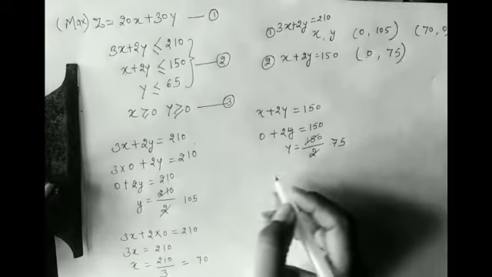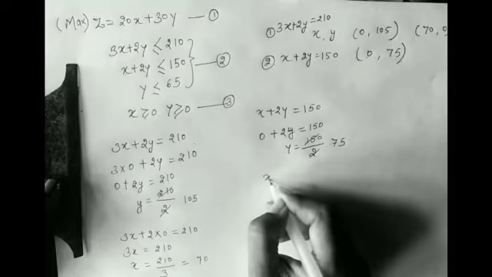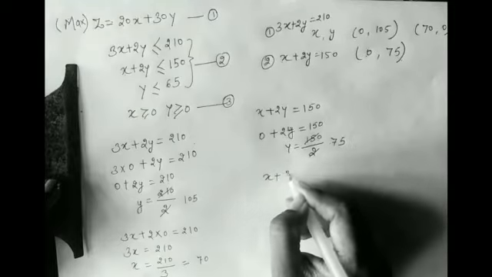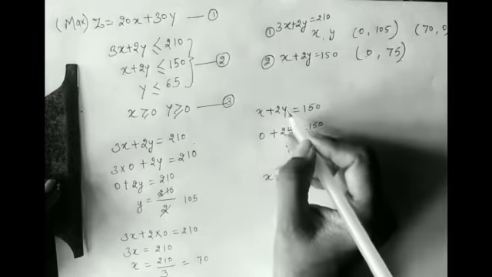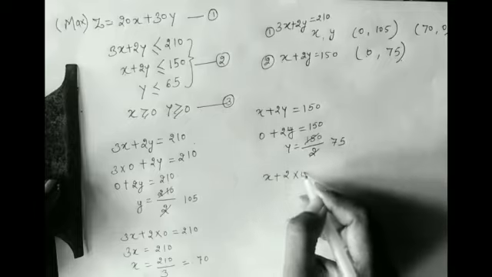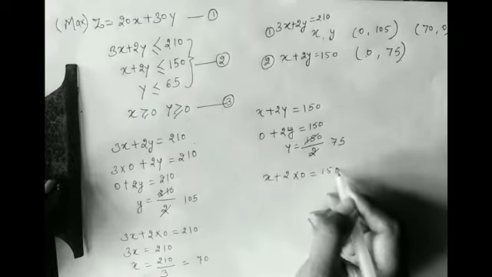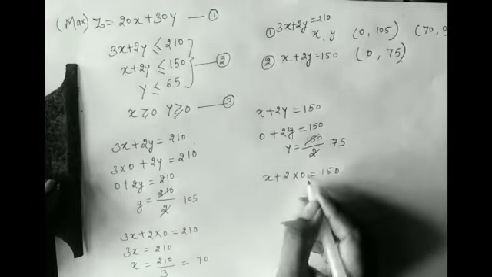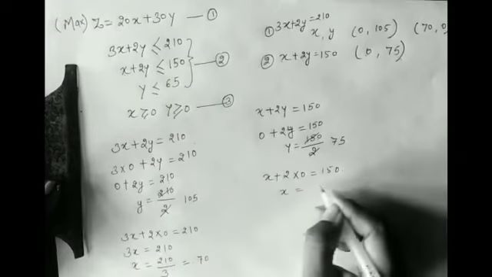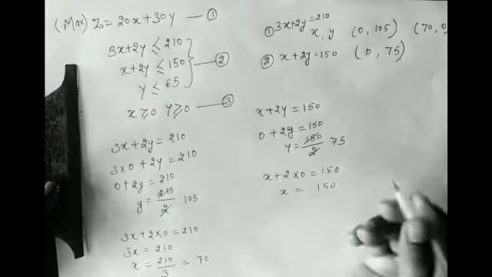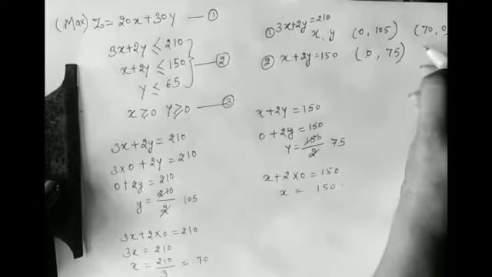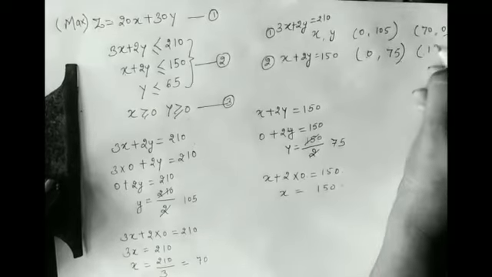Now solve this for the second point. Suppose y is equal to 0, so we are putting y equals 0. Then x equals 150, since 2 into 0 is 0. The second point is when y is 0, x is 150.